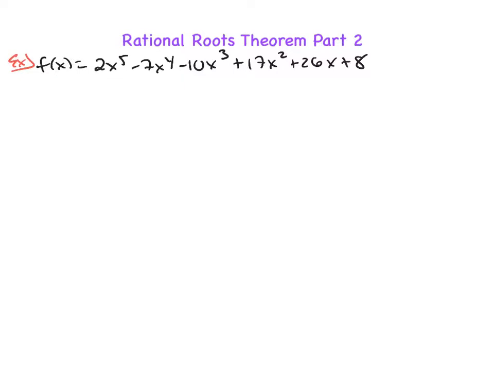Whew. Huge. Okay, and I won't write the directions out. They're exactly the same as the last few. We're going to find all of the rational zeros, and we're going to factor it completely.